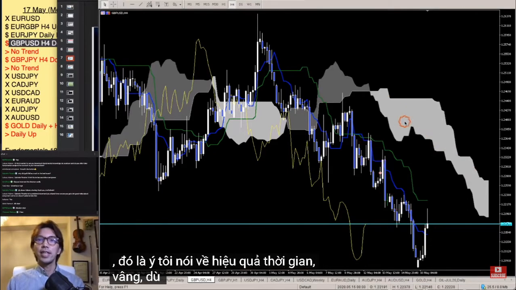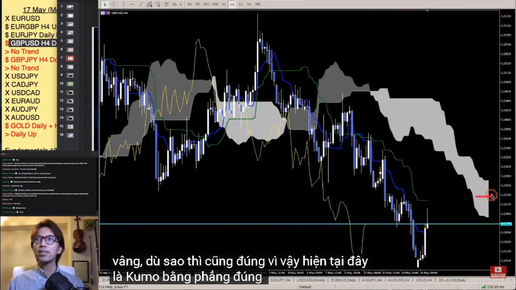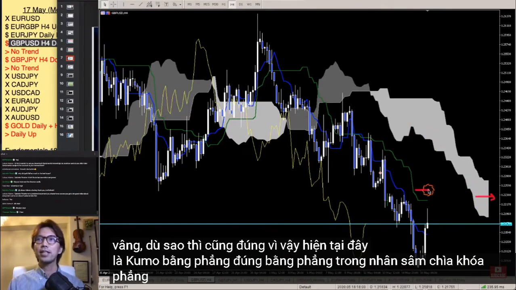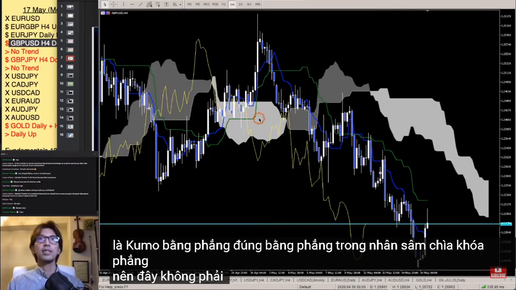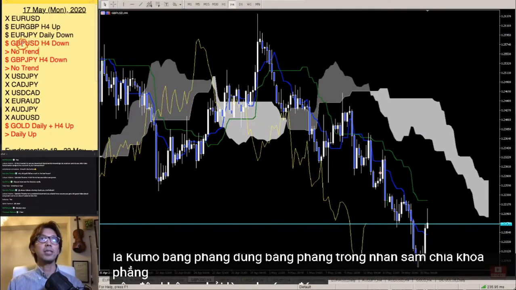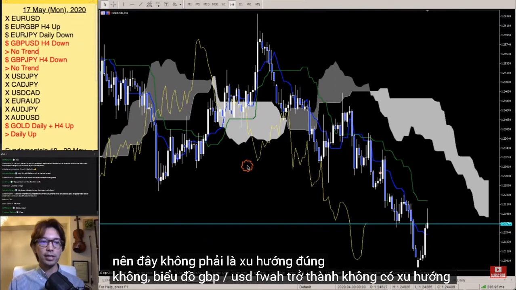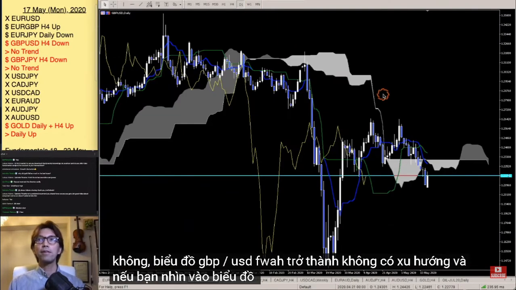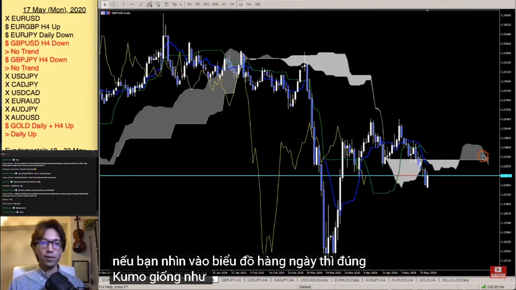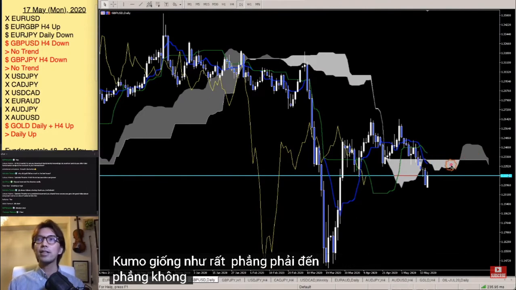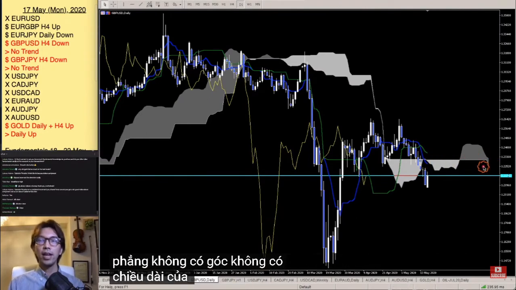Anyways, right now this is a flat Kumo and flat Kijun Sen. So this is no trend. The GBP/USD 4-hour chart became no trend. And if you look at the daily chart, the Kumo is very flat. There's no angle, there's no length of the Kumo.